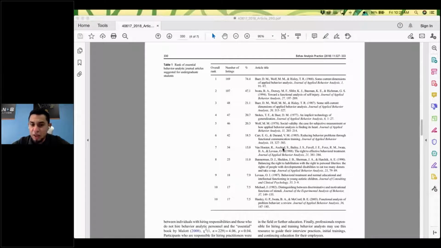Van Houten, Axelrod, Bailey and others wrote about the right to effective behavioral treatment. Another really popular journal article, rated number 7. The next one was by Bannerman, Sheldon, Sherman, and Harchik, 1990, balancing the right to habilitation with the right to personal liberties, the rights of people with developmental disabilities to eat too many donuts and take a nap.